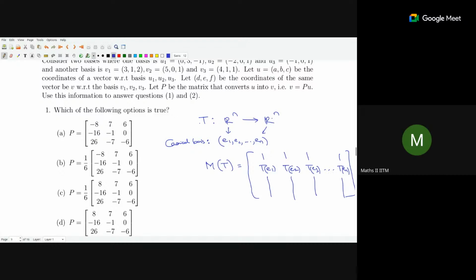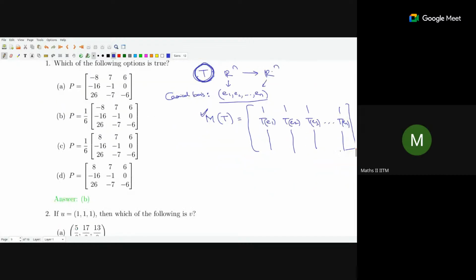This linear operator T can be represented with respect to this matrix, and this is not unique. The matrix representation may not be unique. So if I change the basis, the matrix representation will change. If I take a second basis, let canonical be the first basis.